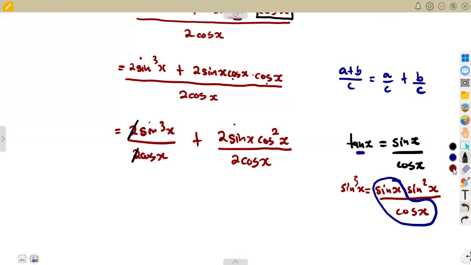A tan. So there is a tan x times what? Because this gave us a tan, this one. This is the tan. But what is remaining? There is a sine squared remaining. So this gave us a tan. Sine x times the sine squared. It's still the sine cubed.